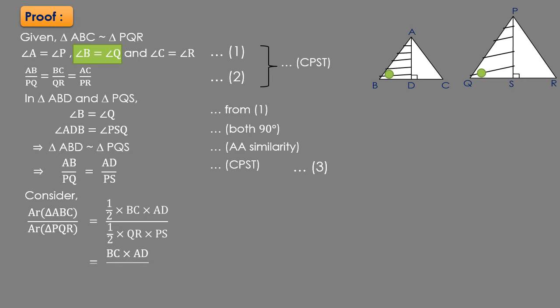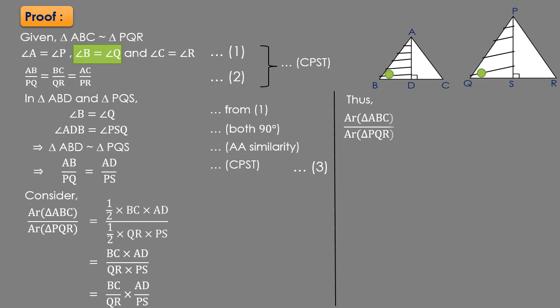Now here half will get cancelled, so we will get BC into AD divided by QR into PS. Now by separating the numerators, we can write two different fractions out of this, like BC upon QR multiplied by AD upon PS.